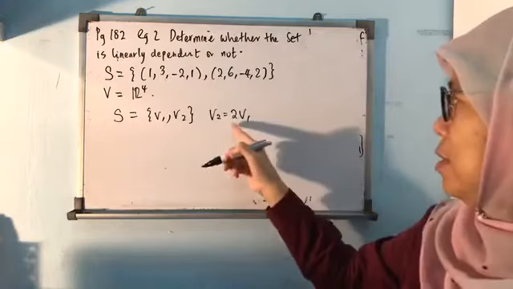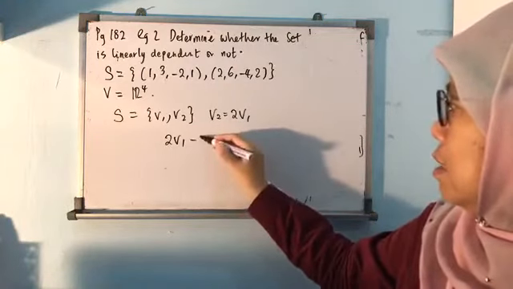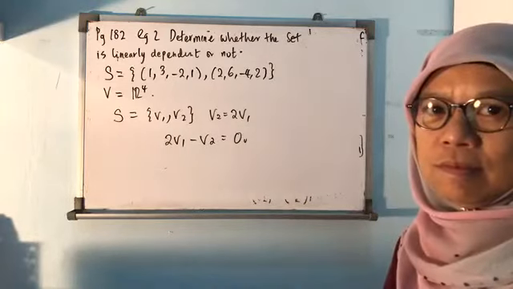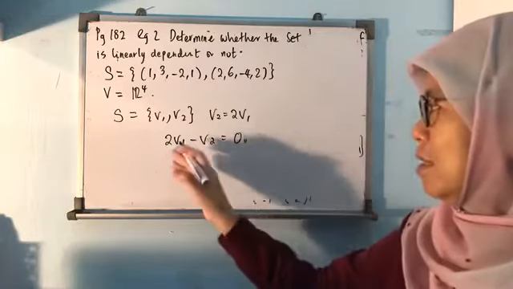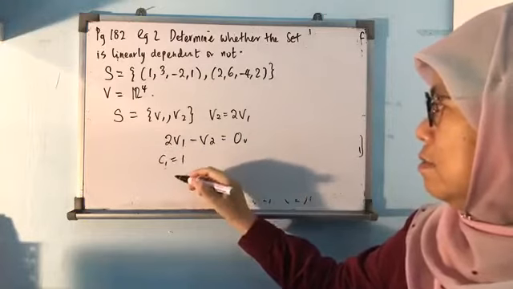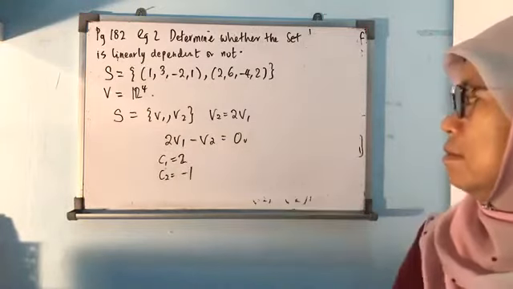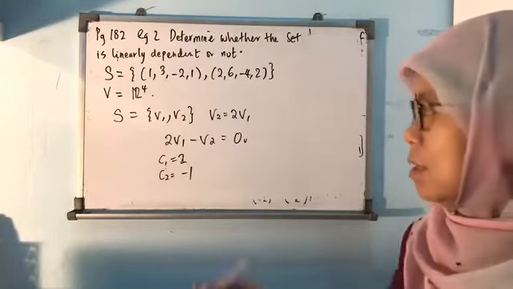Now from here you will see 2V1 minus V2 is 0. So right away you find there is a C1 equals 2, there is a C2, negative 1, and they are not 0.